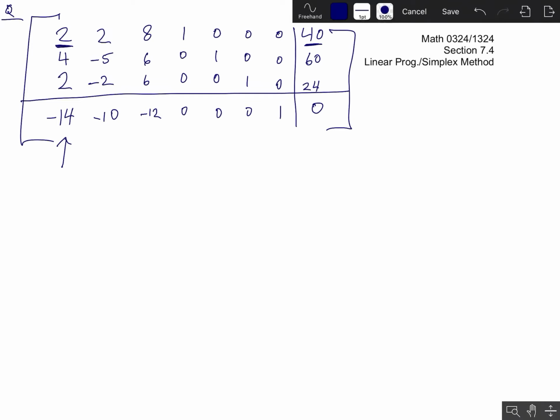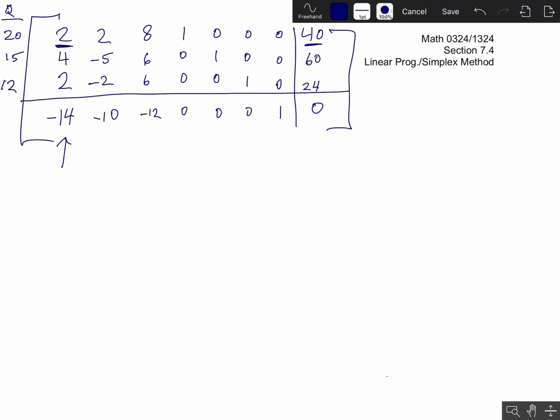For each of these rows that have a positive value here, like this positive 2, positive 2, positive 4, positive 2, for any positive entry in the column we're looking at, we would compute this quotient, the far right number divided by this number. So this would be 40 divided by 2, which is 20. The next one would be 60 divided by 4, which is 15. And then the next one would be 24 divided by 2, which is 12.